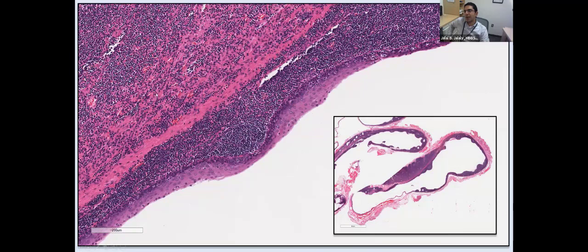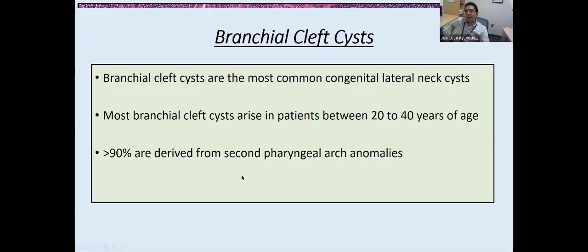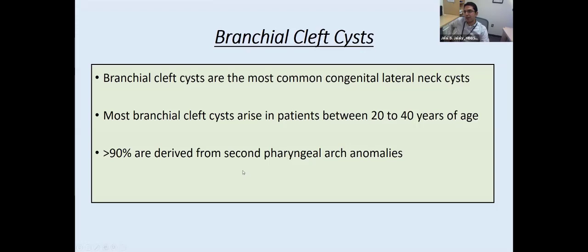And it also has lymphoid tissue in its wall, and you can see here that it's quite cystic throughout. So all of these features combined with the radiological appearance and location is diagnostic of a branchial cleft cyst, which are the most common congenital lateral neck cysts, as I mentioned.